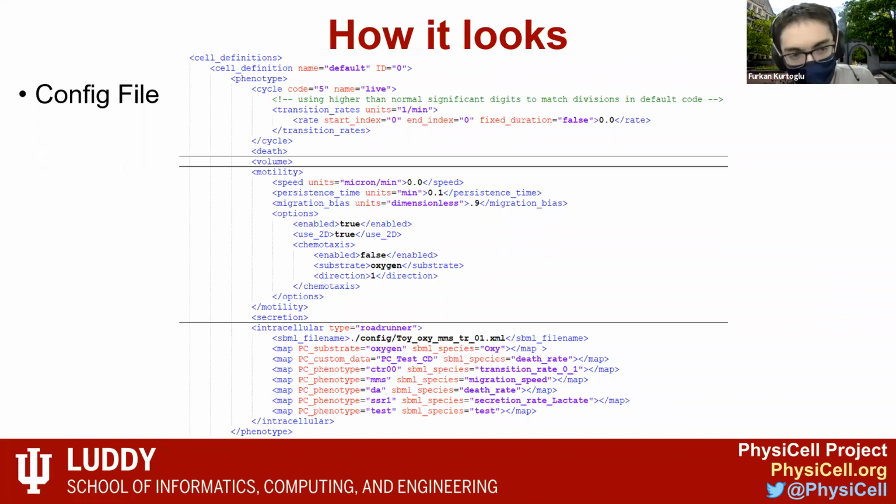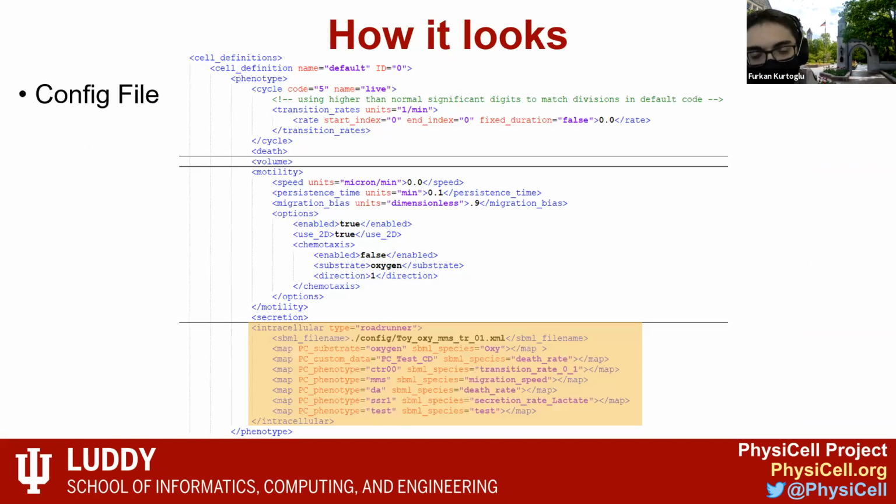Okay, again, this is how it looks. Why I put this one is because I want to explain the mapping part. In the mapping, there are actually three types of mapping. The first one is the substrate, which is important because this is how we map the PhysiCell substrate to the SBML species. And the second important one is the phenotype.